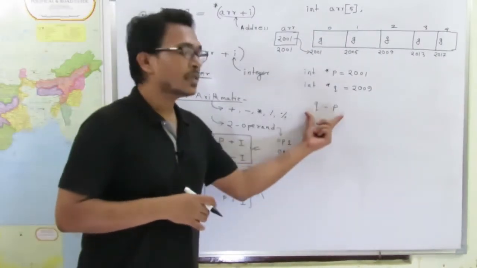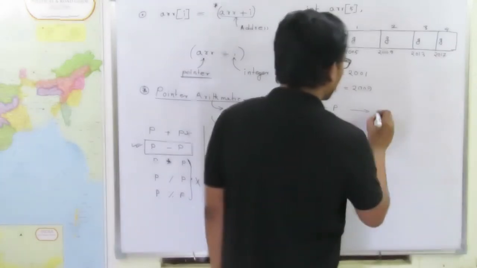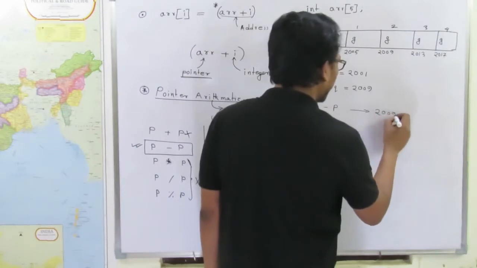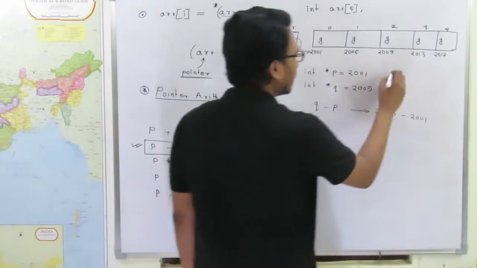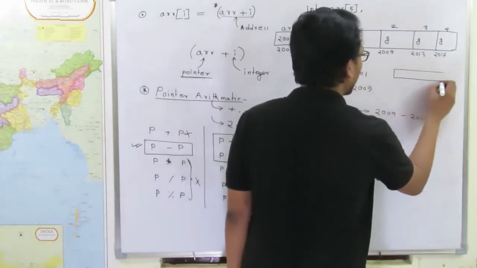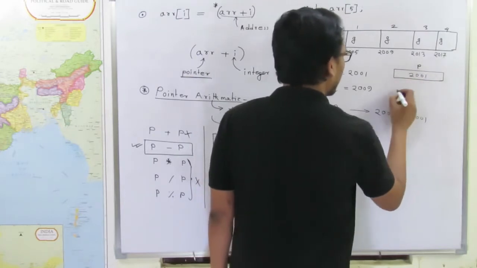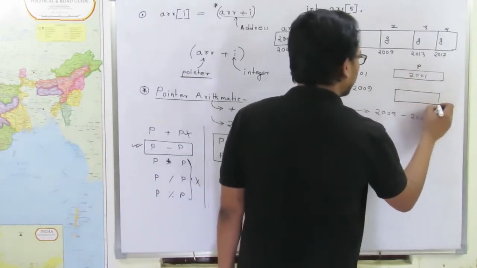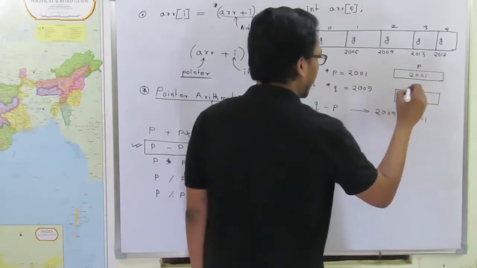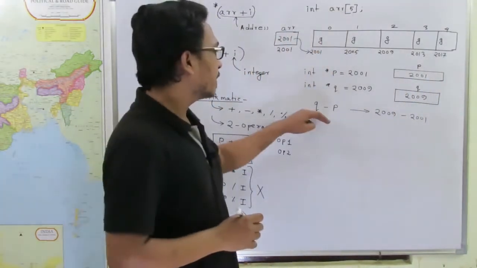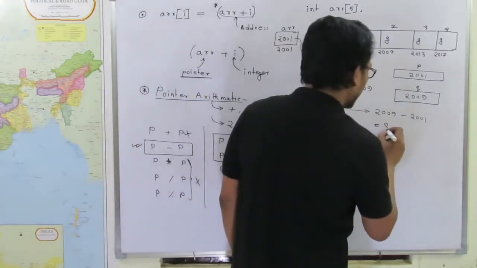It is just a subtraction, and the result will be 2009 minus 2001. Here both are pointers, that means we have two memory blocks: one for p containing 2001, and the other for q containing 2009. Performing q minus p, the result will be 8.